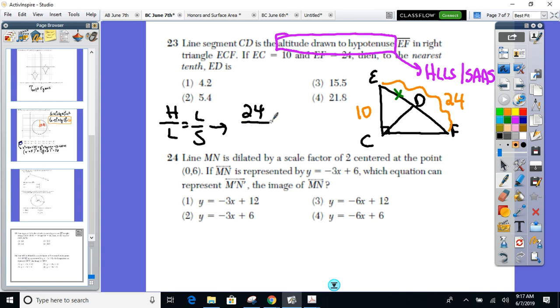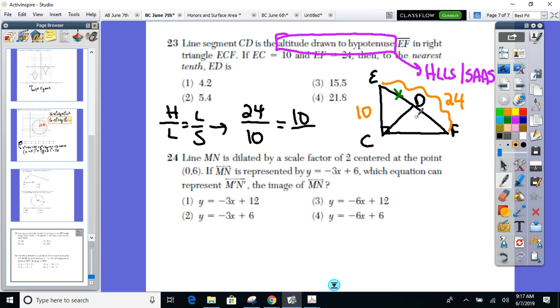24 over, what's L? That is a leg from the large right triangle. There's one we've only labeled, that's 10. The legs in Hills are the same. S for segment. There's 2 of them, ED and DF. And I know you're just going to pick X because it's labeled, but which one do I pick? What if this one was labeled as well?